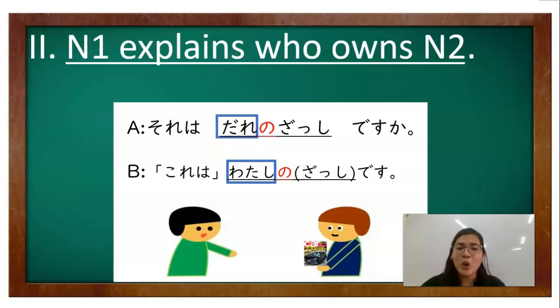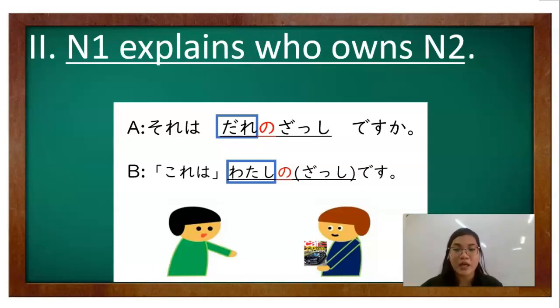That means, who owns this or that magazine? Again, それは誰の雑誌ですか? That means who owns that magazine?